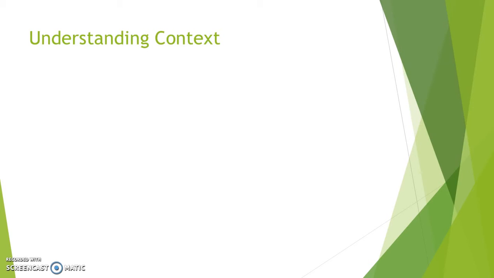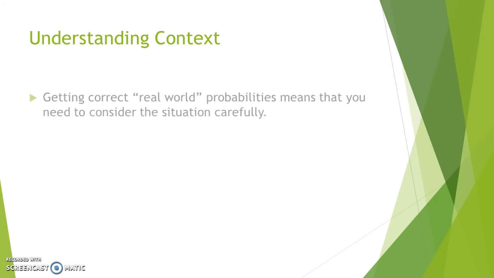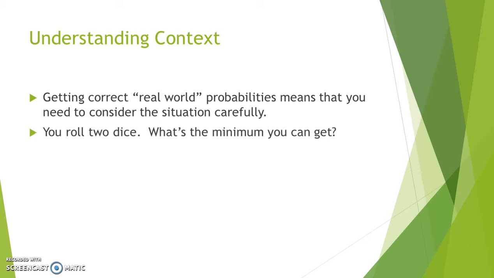Remember, probability is all about measuring. It's all about what would happen if you did it a whole lot of times. At any rate, we can look at real-world probabilities, consider our situation carefully, and do things like modeling rolling 2 dice.